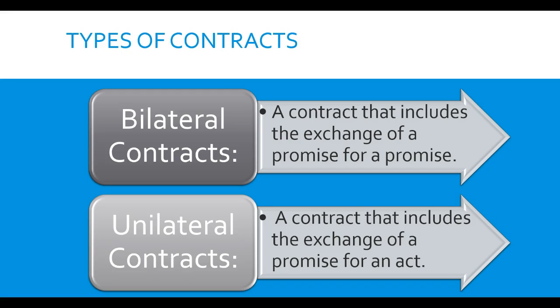A typical example is the reward contract. A promises to pay a reward to B if B finds A's dog. B is not obliged to find A's dog, but A is obliged to pay the reward to B if B finds the dog. In this example, the finding of the dog is a condition precedent to A's obligation to pay.